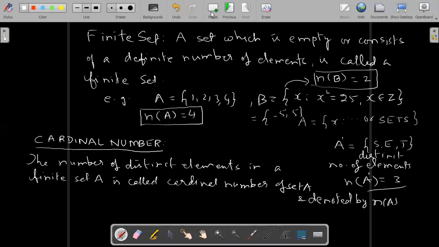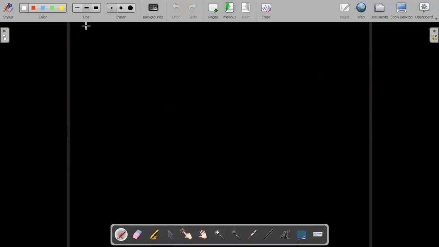So what is an infinite set? An infinite set is a set which contains an infinite number of elements, like the set of natural numbers.